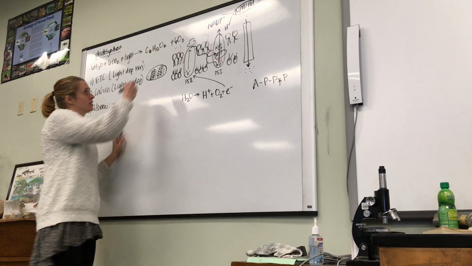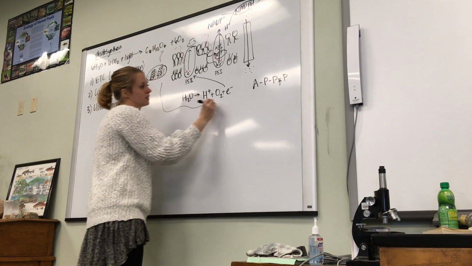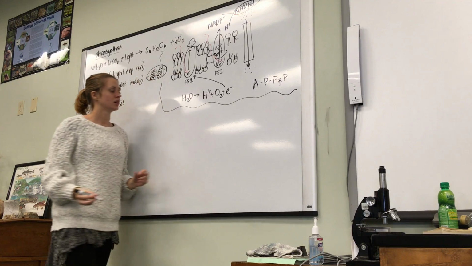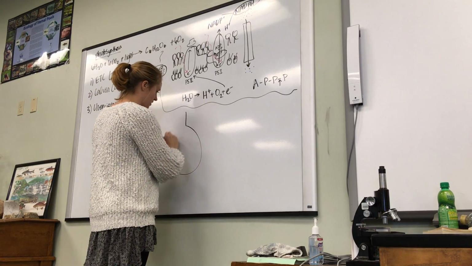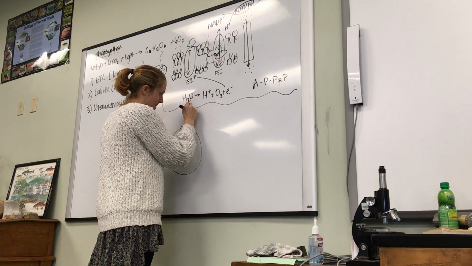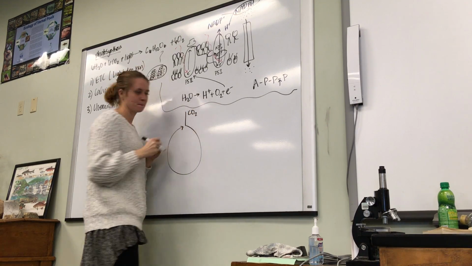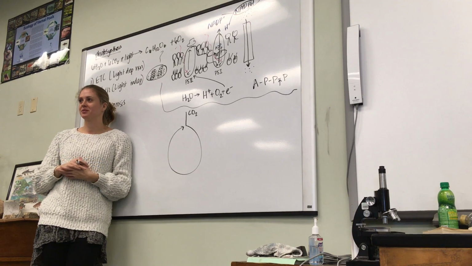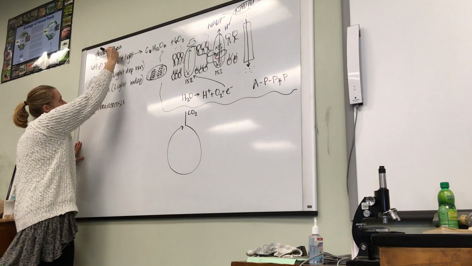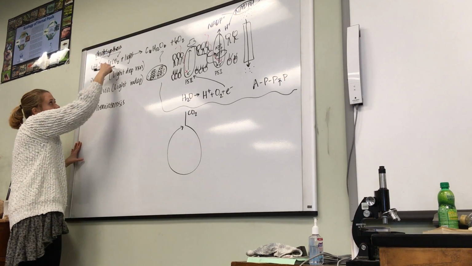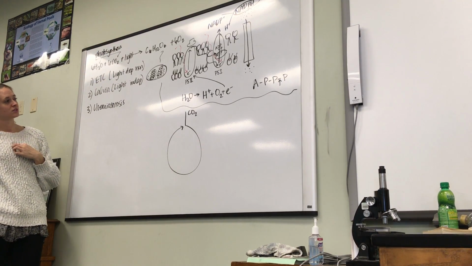Okay, so are we okay on the electron transport chain? Okay, so in the Calvin cycle, what do we start with? CO2? Anyone? So CO2, which is ultimately these guys here. We've explained the water, now we're at the CO2.